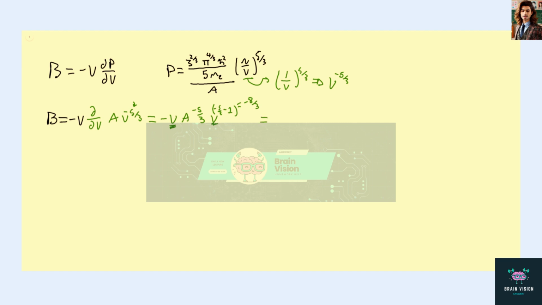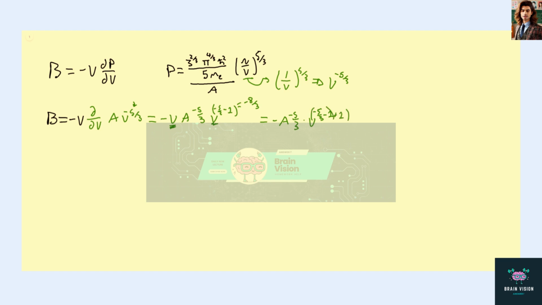So if we write that out, then we get minus a times minus 5/3 times v to the minus 5/3. Well, here, I'll just write the whole thing. Minus 1 plus 1.